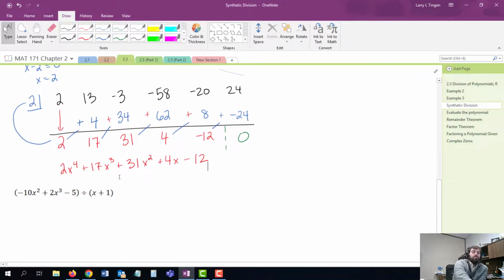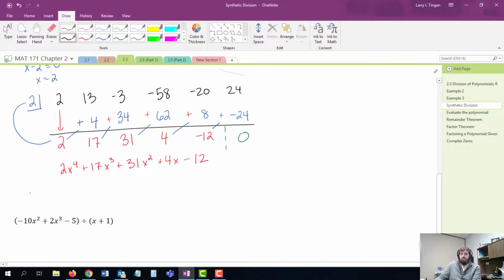And now I can rewrite the original as what? The original for that problem is very long. Let's see if we can try to find it over here. Nope. Okay. I don't need to scroll up.